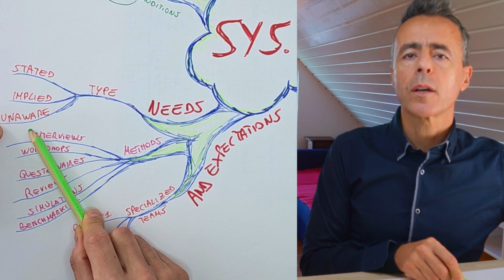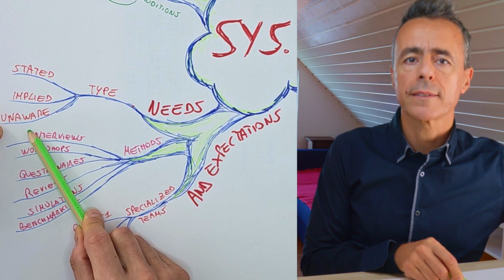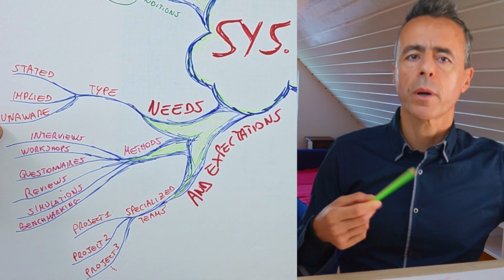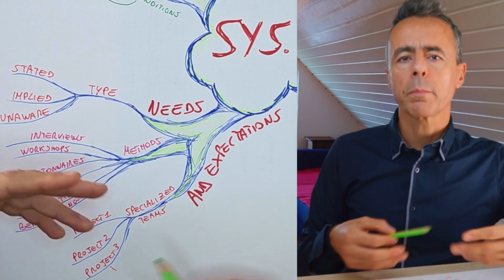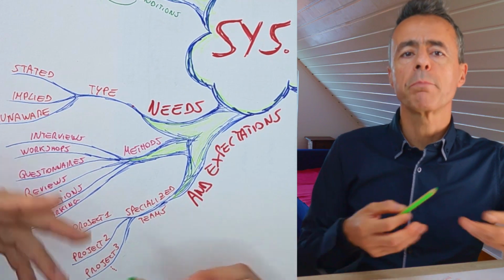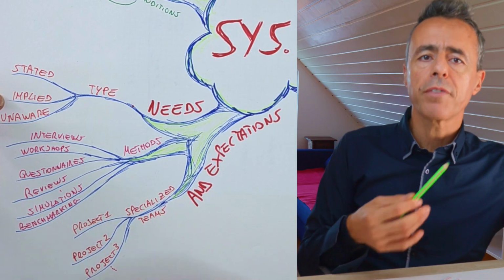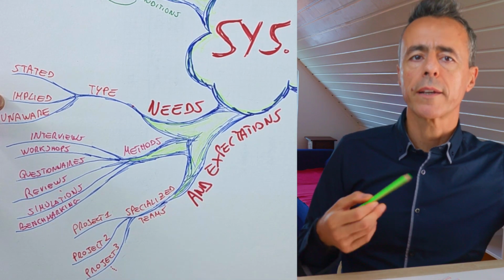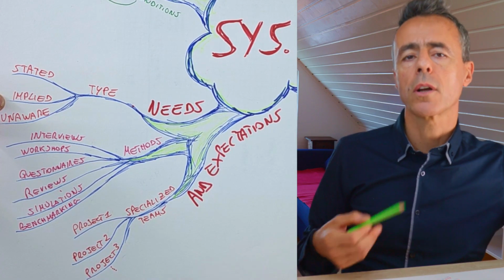Unaware needs are requirements that stakeholders themselves may not consciously recognize, but that are essential for proper operation or compliance. For example, a stakeholder might not mention thermal protection for an ECU that is mounted in an engine bay, but it's obviously required for reliability. Identifying implied and unaware needs requires experience, domain knowledge, and cross-functional collaboration.